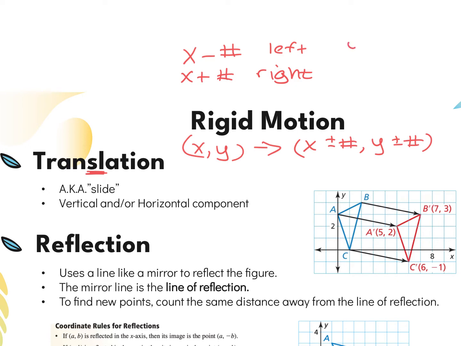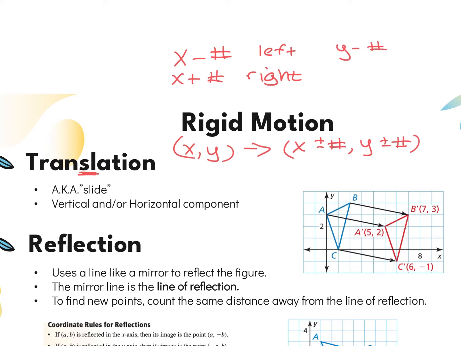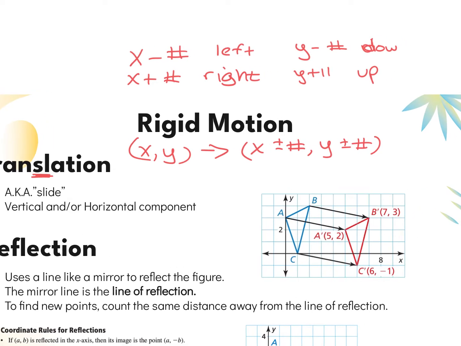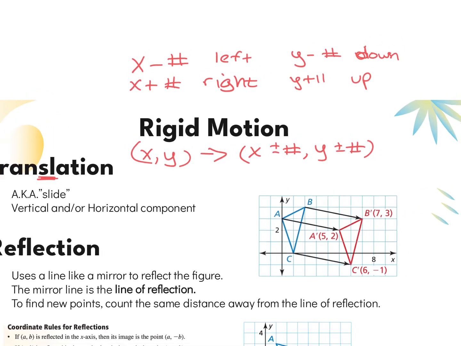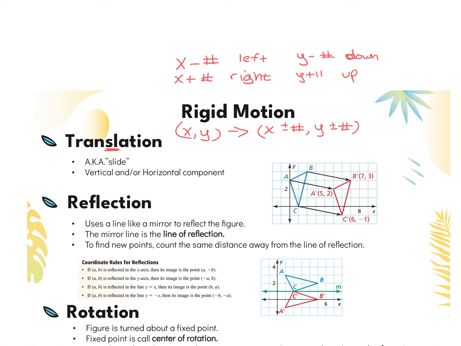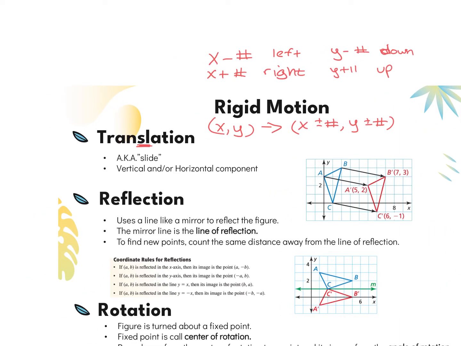When you have your y coordinate, if something is subtracted from it, this will be moving the ordered pair down, whatever the number of units is. And when it's added, it will be a vertical shift up. So for example, let's say I said, take your original ordered pair, x and y, and I want you to do x plus 4 and y minus 1.